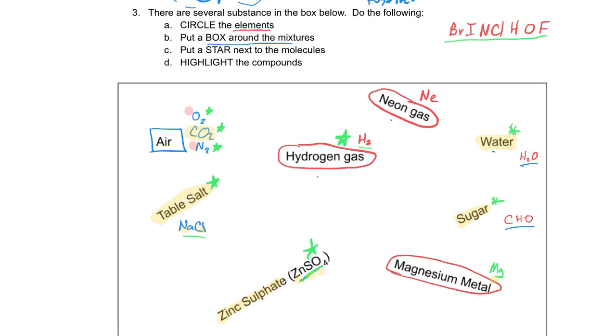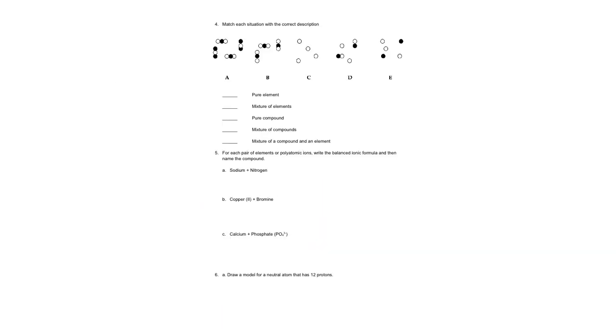Okay? But air, being a mixture, is not an element or a compound, right? It's made up of elements and compounds. Okay? So, hopefully that was helpful for the first three, getting used to mixtures, elements, compounds, and molecules. Let's move on to the next page.